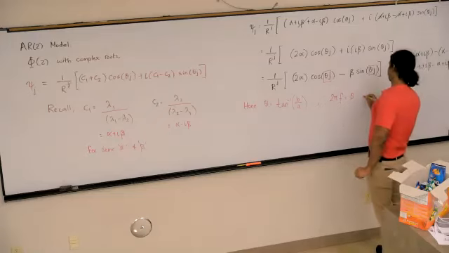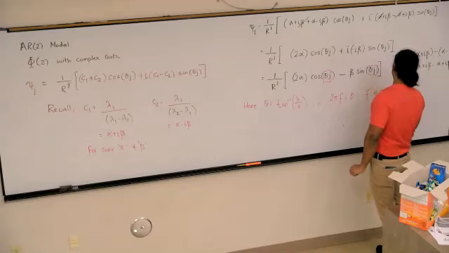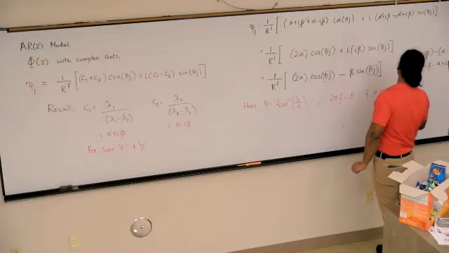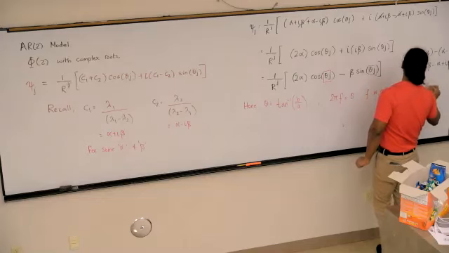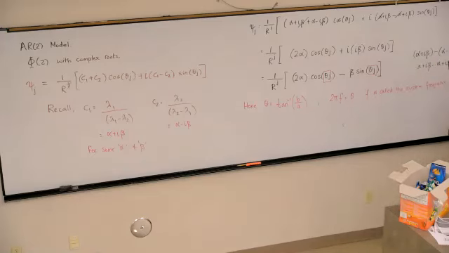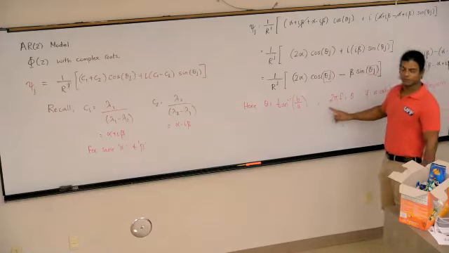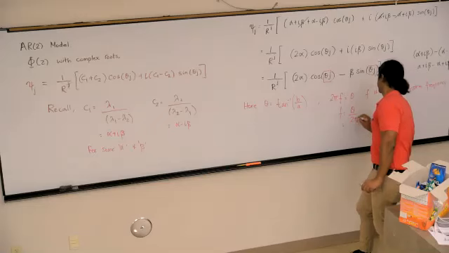Is that a theta right there? Yeah. It's a theta, right? So 2 pi f is equal to theta, so f would be theta over 2 pi.